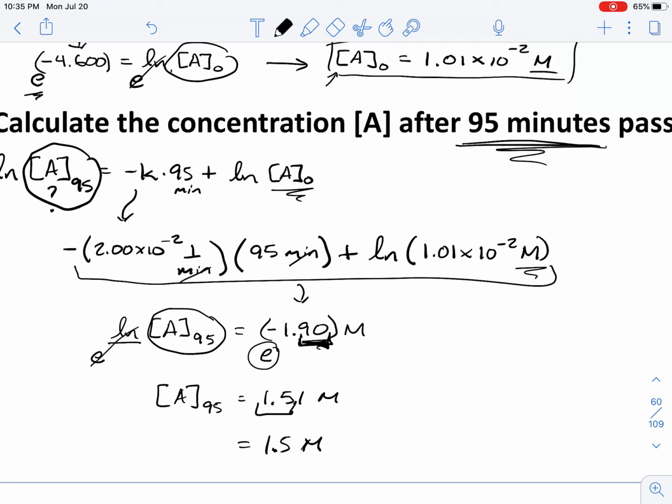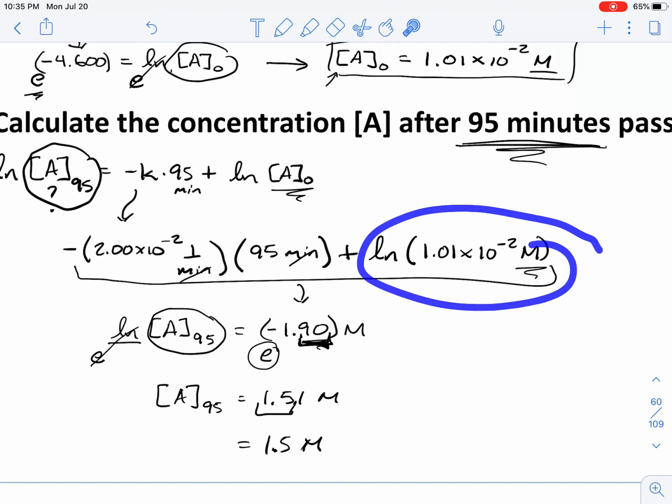Okay, so I'm going to add that to the natural log of 1.01 times 10 to the negative 2. And let's see, okay, I guess I made a mistake here. Sorry, I didn't add the natural log into this value.